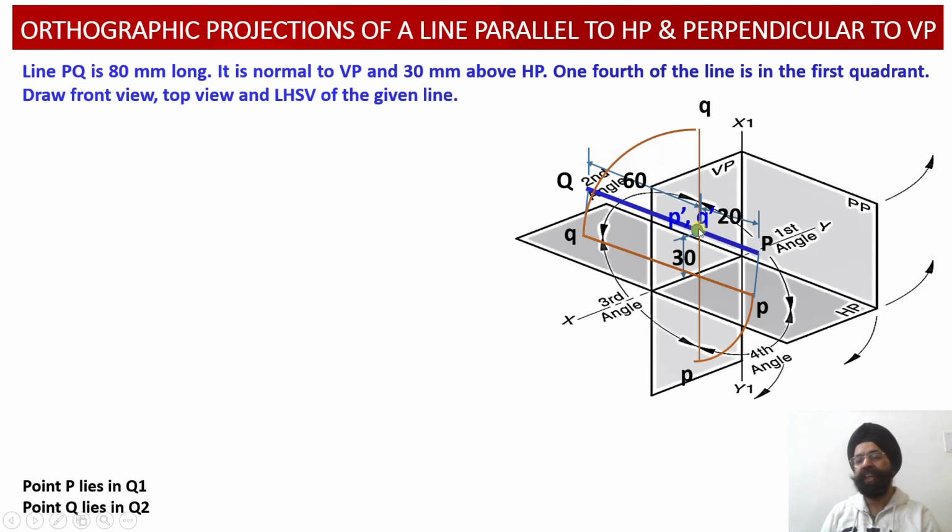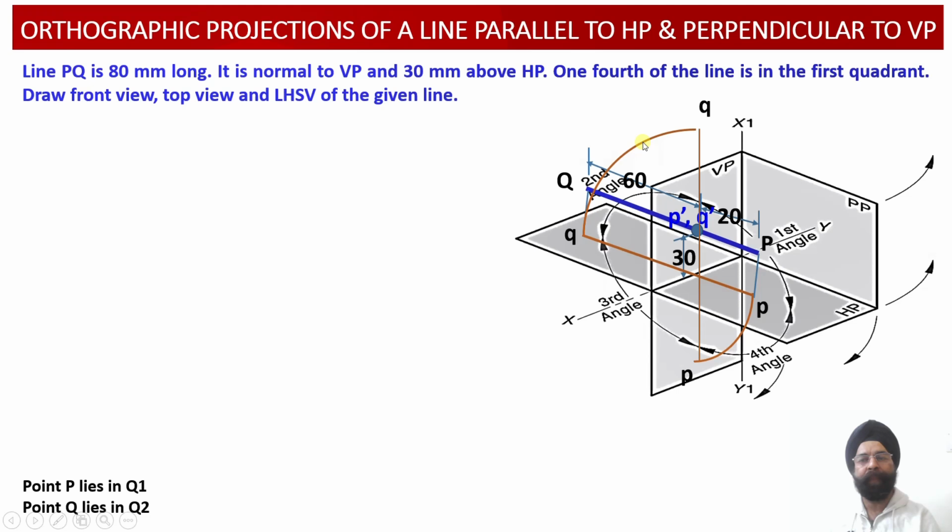So the front view projections we have discussed into the 3D spatial coordinate locations over here, and the top view projections also we have discussed over here. Now first line PQ happens to be parallel to this profile plane, and when we project this particular line onto the profile plane using the left hand side view projections over here, this point P will be projected over here as P double dash.